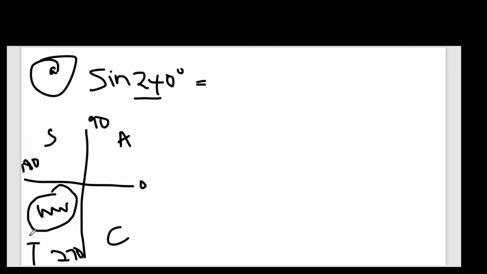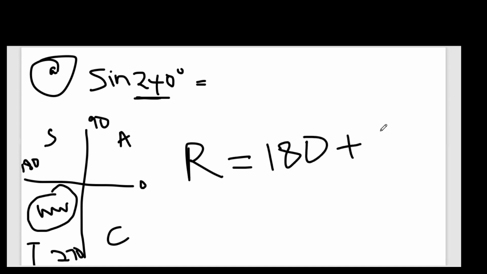And how do we find the reference angle here? We just do 180 plus that reference angle. So let me write the formula: the given angle is equal to 180 plus the reference angle.